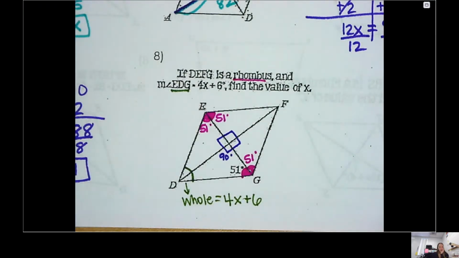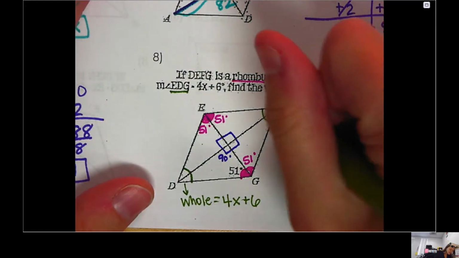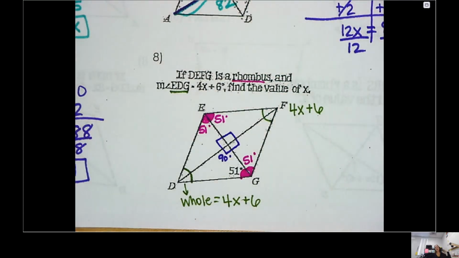Now, I've got a lot of different ways that I can go about this problem. I know that this whole angle is 4x plus 6. That means that angle F over here, the whole thing, is also 4x plus 6.